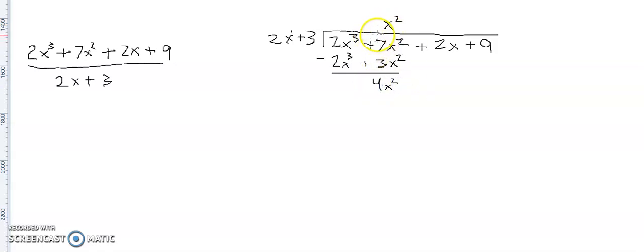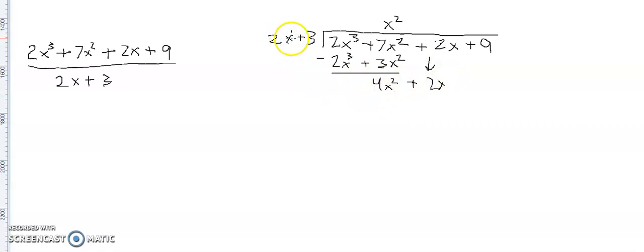Quick note, we put this x squared above the division symbol because we need to put it with the x squareds and keep them in line. Usually you'd almost want to put it up here, which is still okay, but it just keeps you more organized to do that. So now we are left with 4x squared plus 2x, as we bring the 2x down.